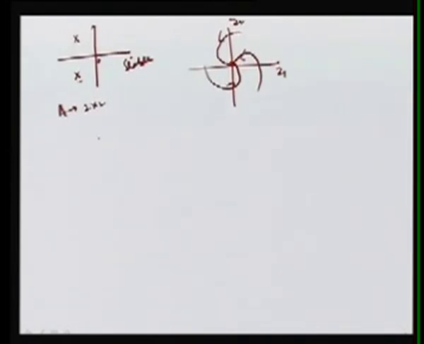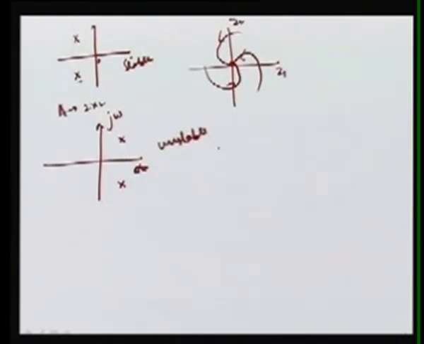Now another possibility: here this is your j omega axis and this is your sigma axis. Sometimes we call it alpha, so it is your alpha axis. If your eigenvalues are in your right hand plane, what will happen? The system is called unstable.